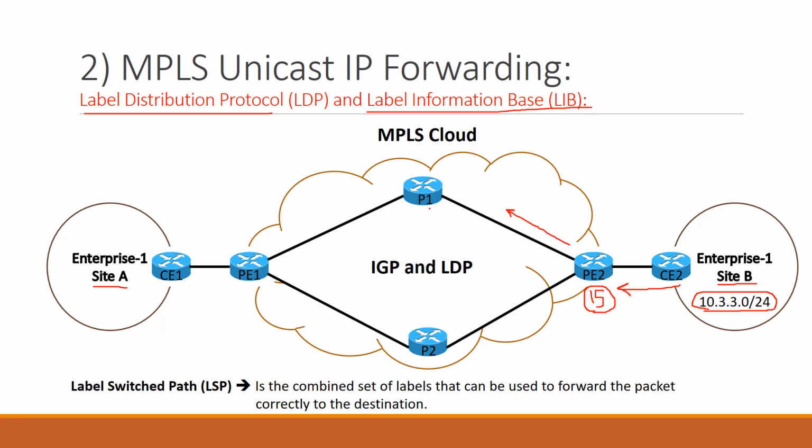first of all, BE2 and P1 have LDP neighborship, and BE2 and P2 have LDP neighborship. So once this neighborship is up, the next are updates.